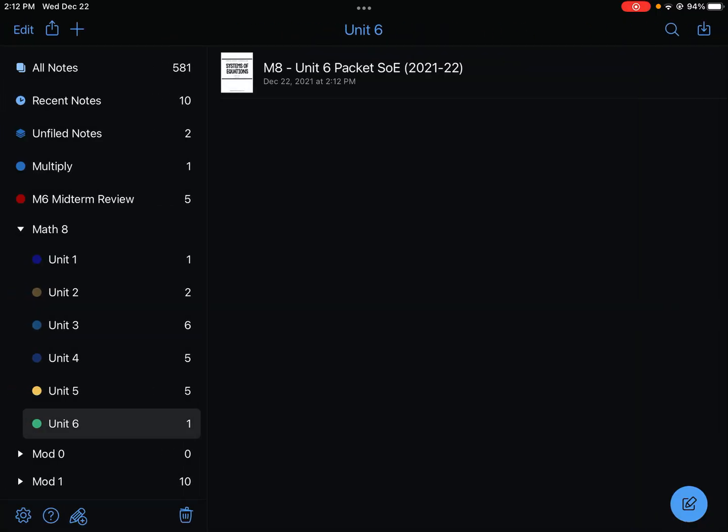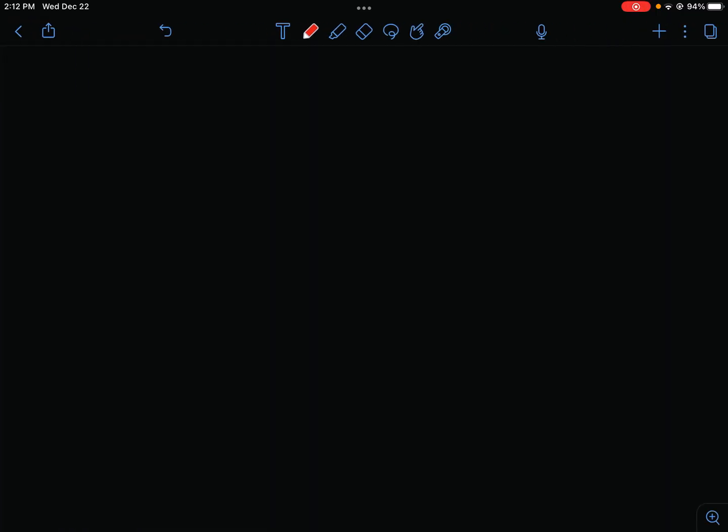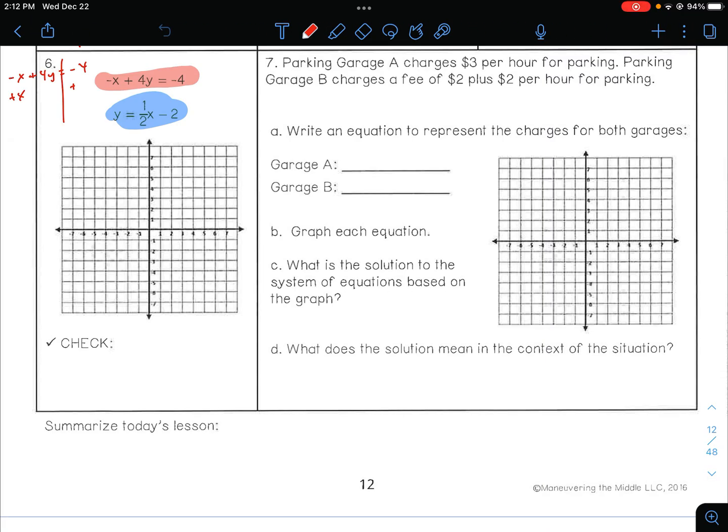I cannot add x to that negative 4 because they're not like terms. That cancels. You're left with x minus 4, or negative 4 plus x.